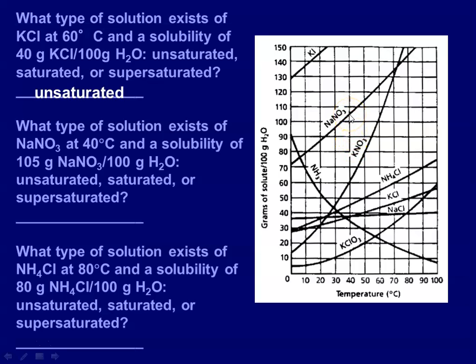I see that that happens to touch virtually on the curve for NaNO3, so that would be a saturated solution. Finally, for NH4Cl, I'm at 80 degrees, and I have 80 grams. So if I have 80 grams in solution at 80 degrees, let me go find my NH4Cl curve, which happens to be just below it. Because that point is above the curve, I would have a supersaturated solution.